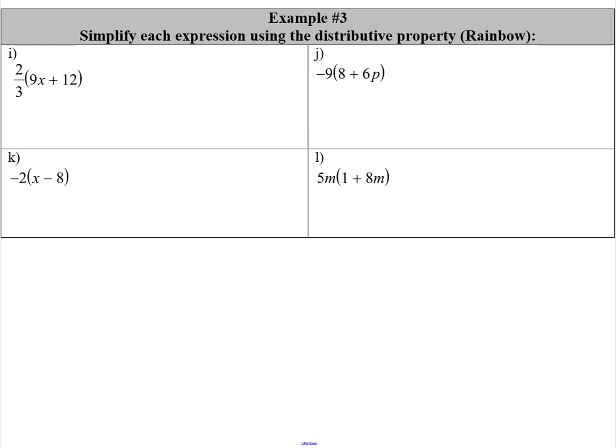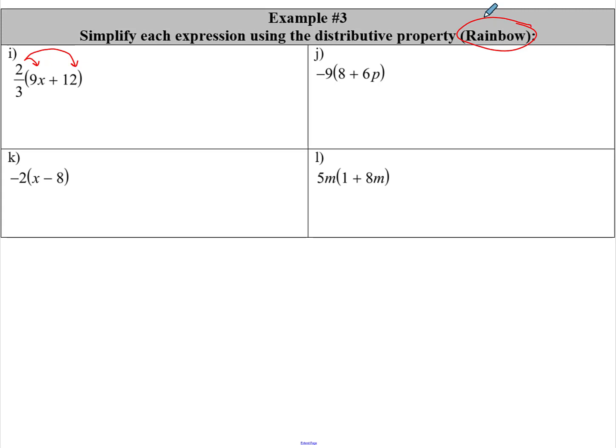All right, so I'm assuming I should do the one with the fraction first, right? Since you guys hate fractions and probably want to see it done. Remember, this is going to distribute inside to both of these terms. So this is what we call the little rainbow or arrows, however you want to call it.